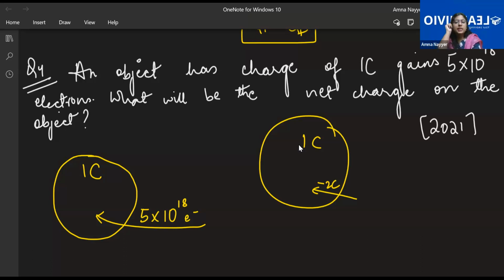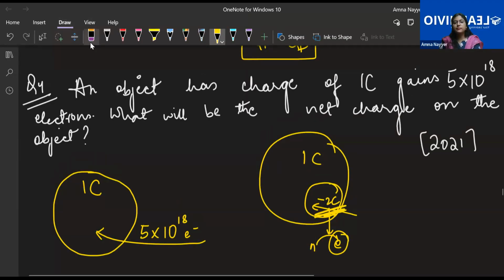Right. But the question, instead of telling you how much exact amount of coulomb has entered, is rather giving you the number of electrons so that you can multiply it with e and then get the charge. So there is just one additional step here.